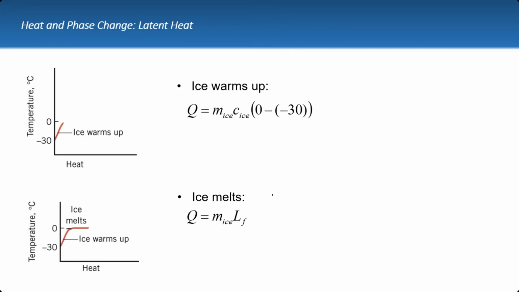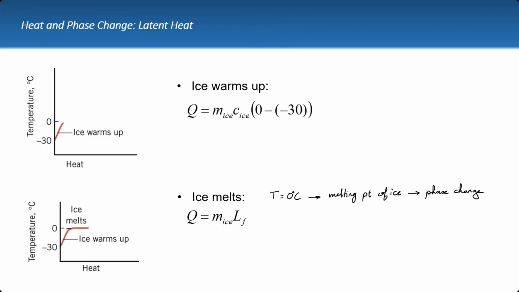So here, T equals 0 degrees Celsius. So there will be some phase change. And in phase change, Q equals M times L. So the mass of the ice times the latent heat of fusion of water or ice. I'm going to multiply these by each other to calculate the energy needed.